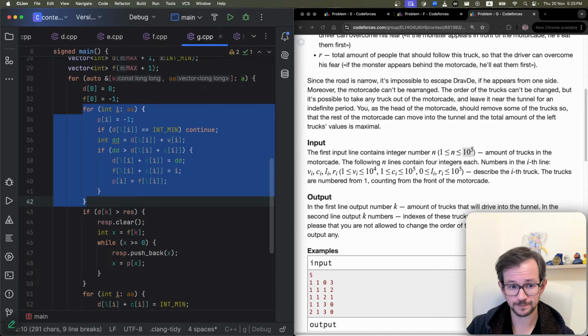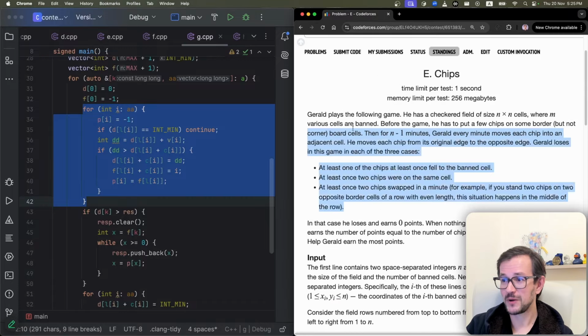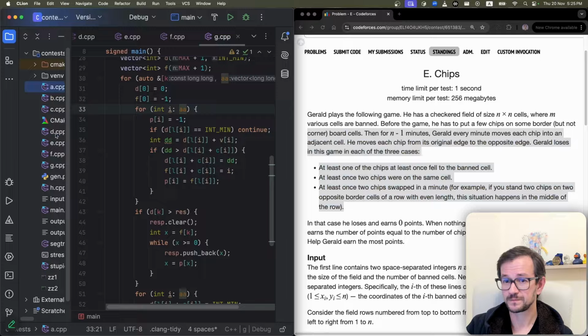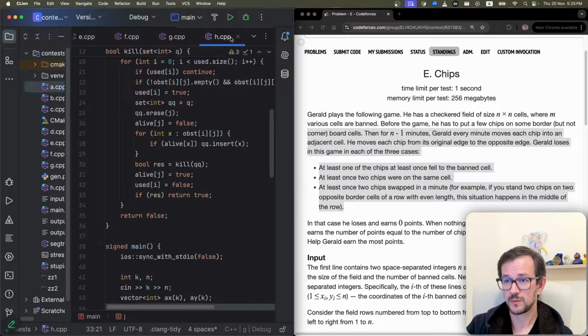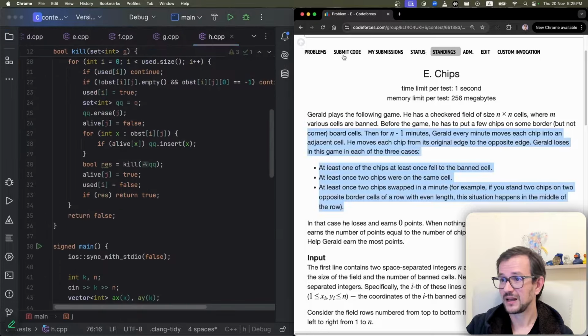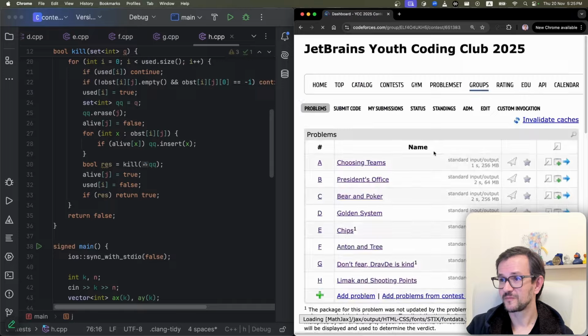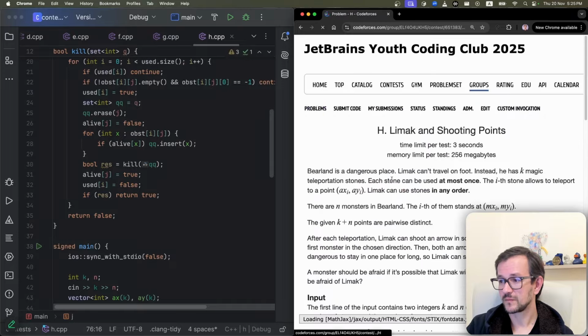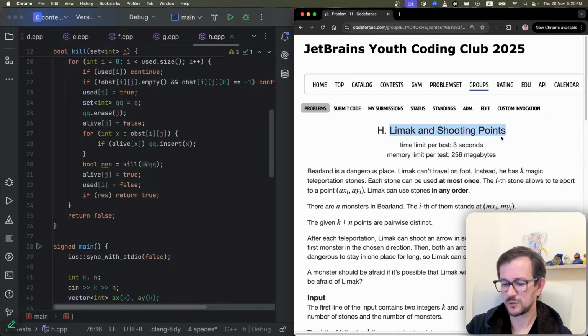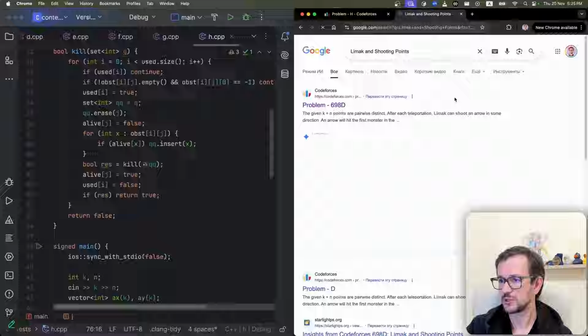Last problem. Let's go. Problem H. Problem H is actually a very fun problem. I'm not sure what the difficulty of this problem on Codeforces is. Let me check.